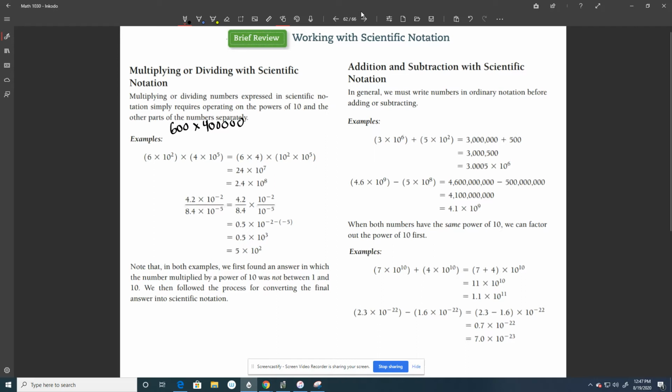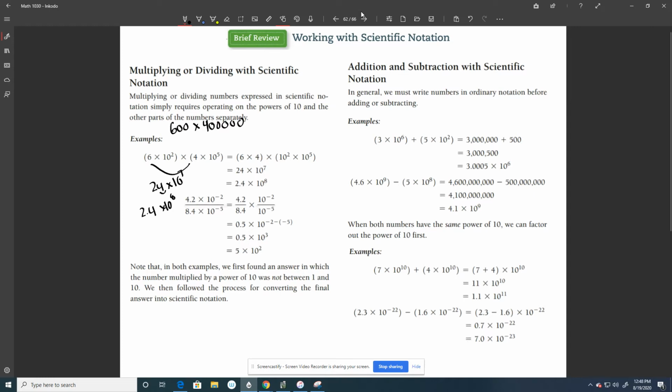Well, if you're trying to multiply this, that might look pretty daunting. But when it's written in this form, all you do is the 6 times the 4, and then the 10 squared times the 10 to the 5th, which is just 10 to the 7th. Now, obviously, that's not scientific notation because we've got to move that decimal. So you actually get 2.4 times 10 to the 8th. Make sure that you know how to do that, okay?